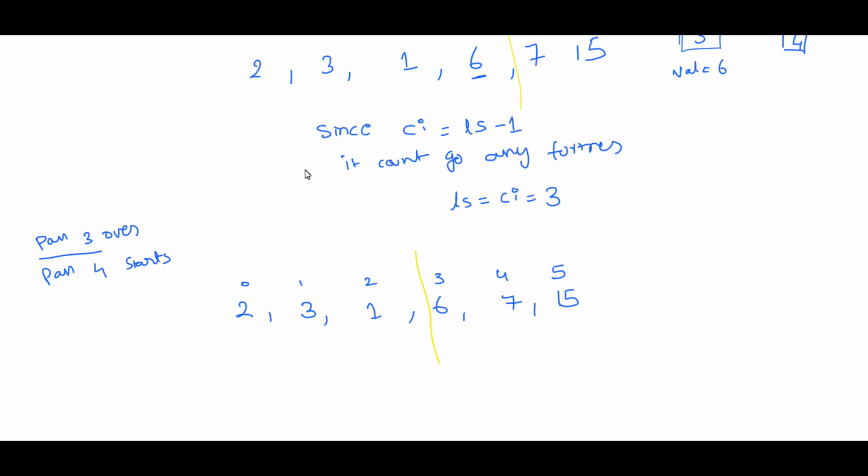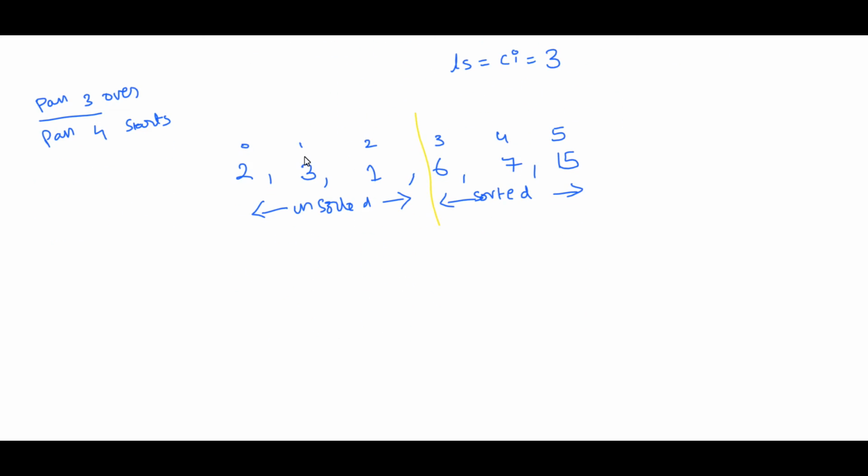Everything to the right of this yellow line is sorted, and everything to the left is unsorted. So we just need to bother with the unsorted part, and our CI, once again, is reset to 0, has a value of 2, and our ls is pointing to position 3.